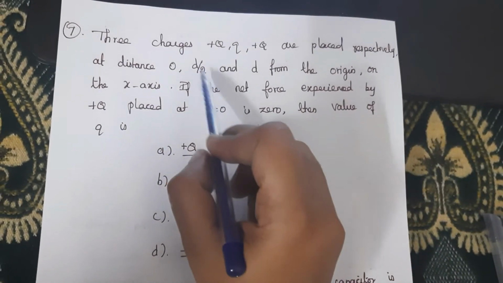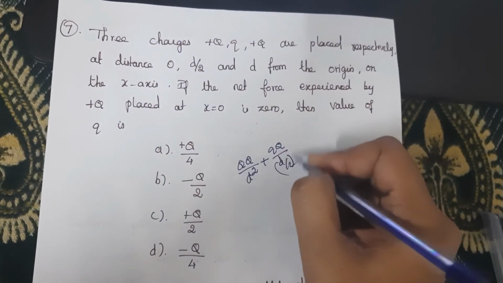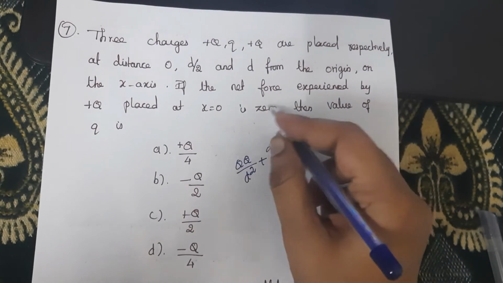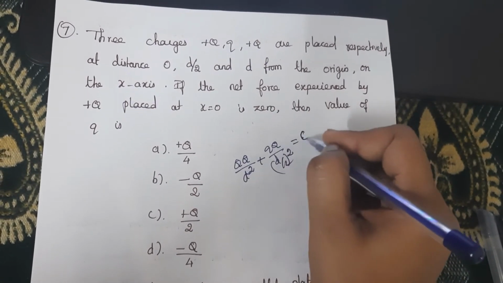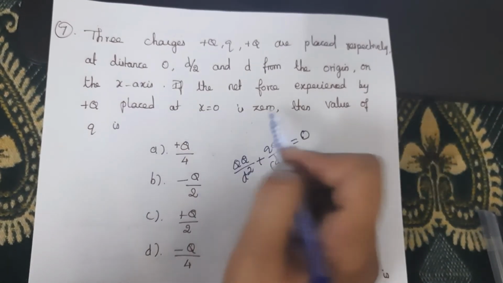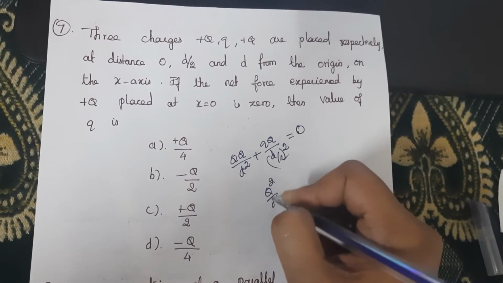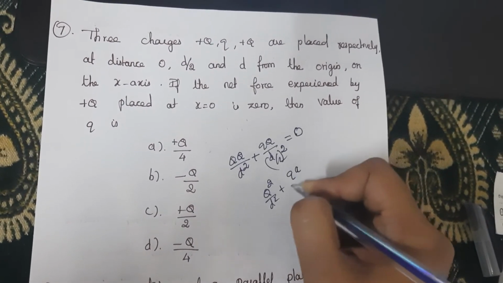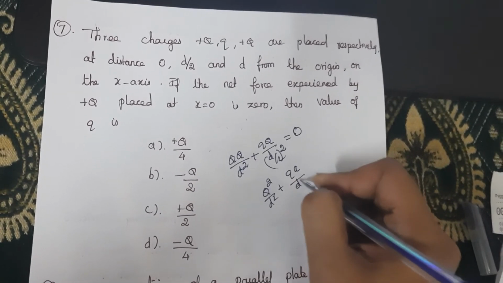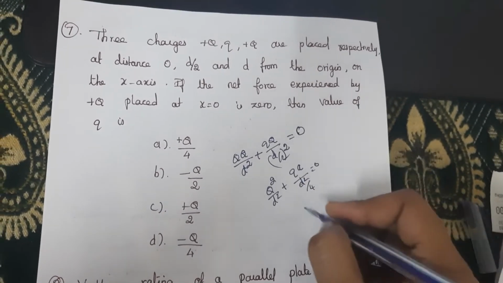The distance is d by 2, so d by 2 the whole square, and the net force experienced by Q at x equal to 0 is 0. So solving this, we will get Q square divided by d square plus Q q divided by d square by 4, that is equal to 0.